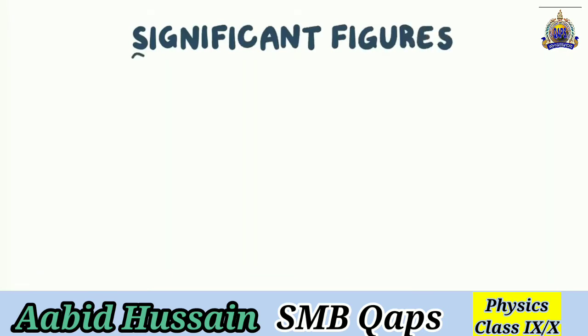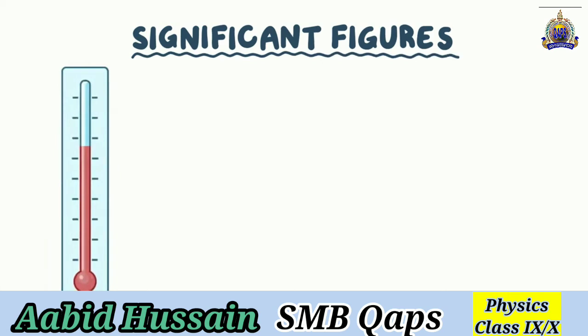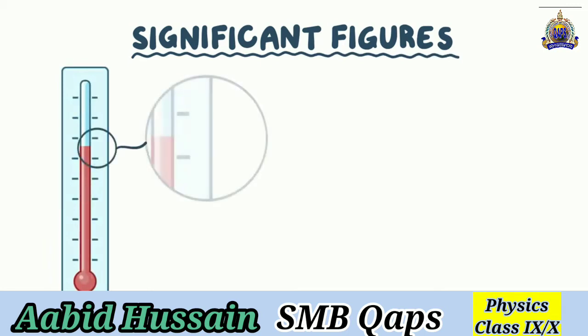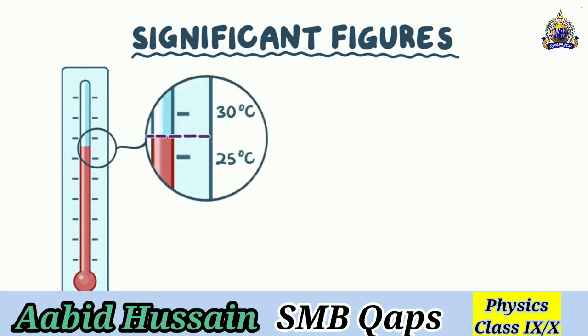Significant figures. Now, as we know from the definition, significant figures are those figures which have their accurate values. So here, if we have a thermometer and there was a reading which is between 25 degree centigrade and 30 degree centigrade, now what will be the number?